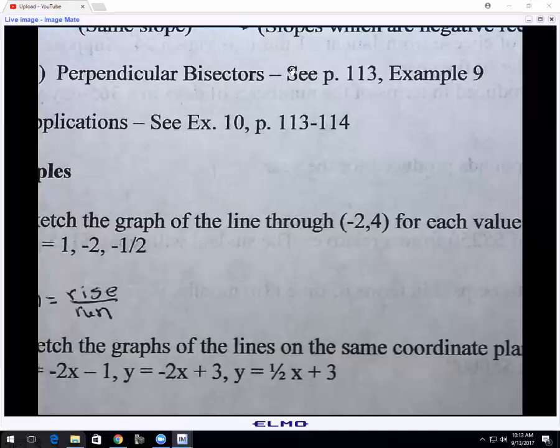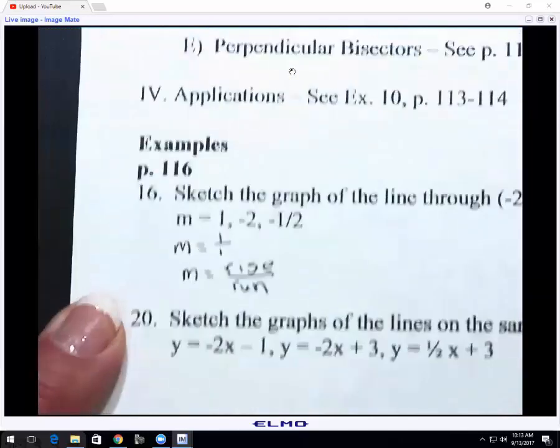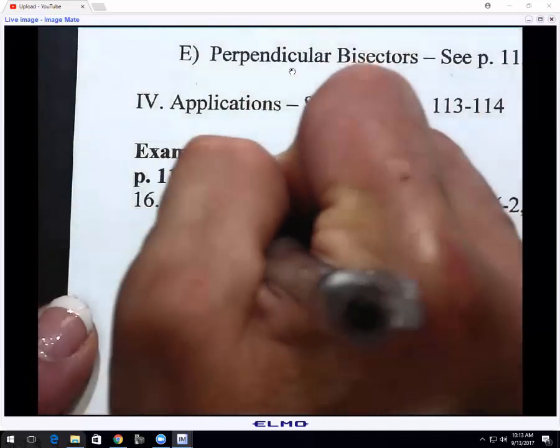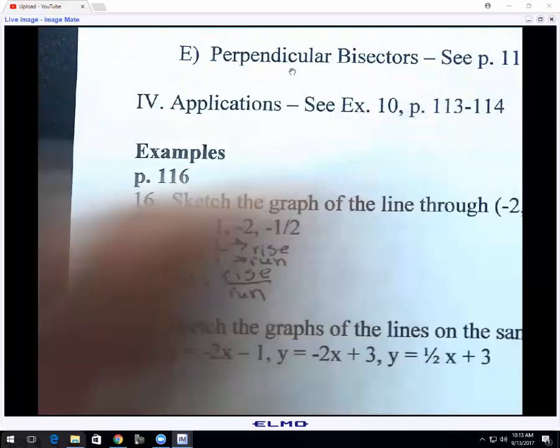So if I want a line with a slope of 1, then I need to write that 1 as a fraction. Of course, I can write any whole number as a fraction just by putting it over 1. That means the rise is 1 and the run is 1.